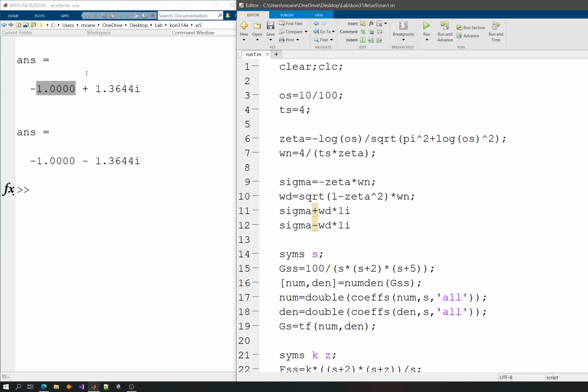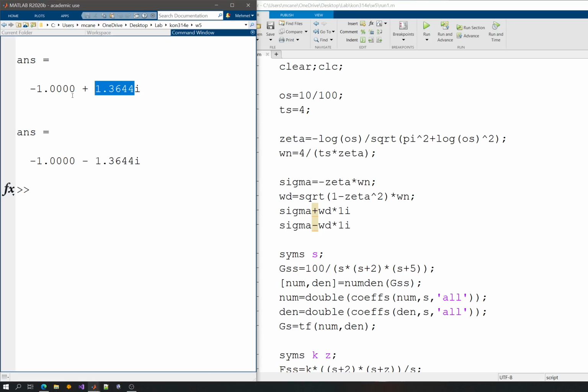I'm not able to calculate the overshoot directly from the poles, but I might go ahead and look for the tangent of this here, the tangent of 1.3644 divided by 1, so basically this, and the cosine of this should give me my zeta value back.